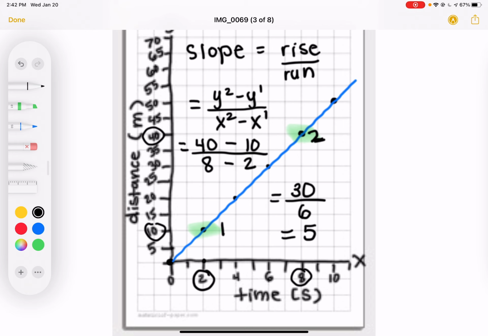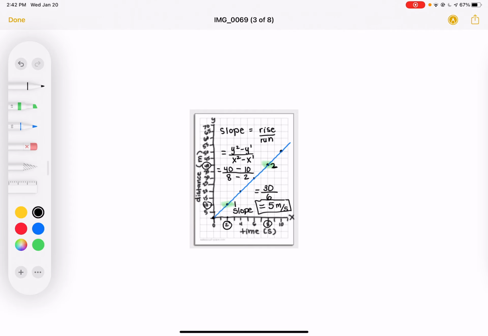All right, so that is our slope of this line. And remember, something really important is that we need to have units. So again, I should have had units here. This is going to be meters per second. All right. That is how we draw a graph of it and how we find the slope of the line from our graph.